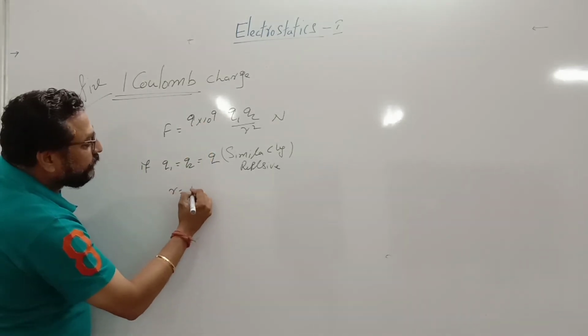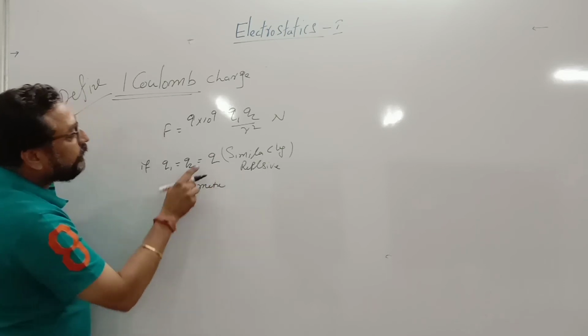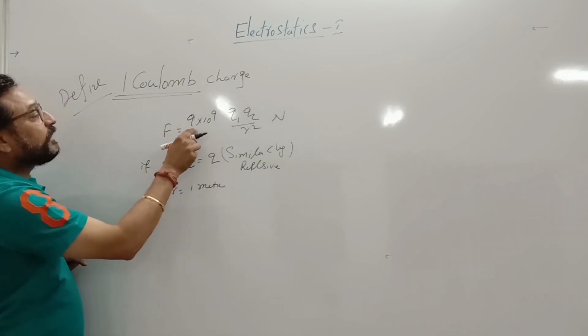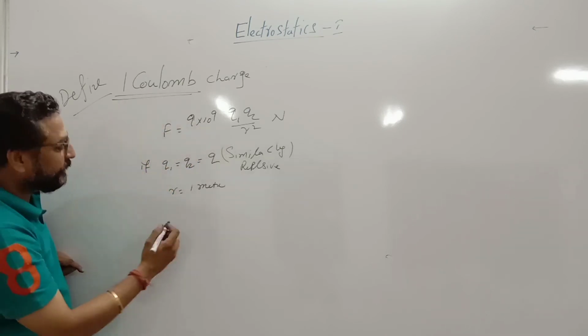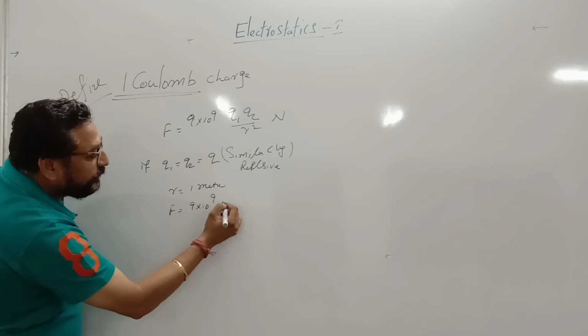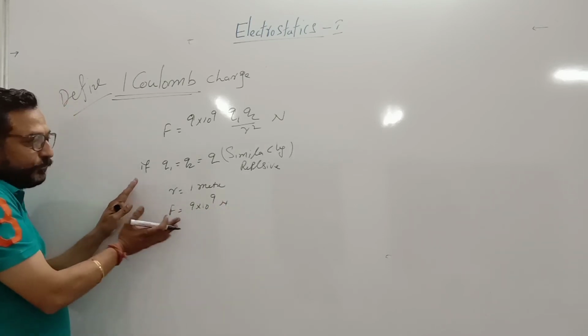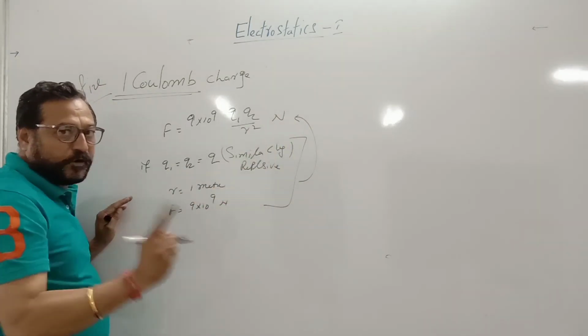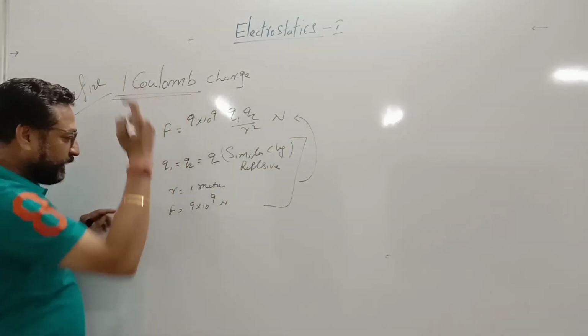And R is equal to 1 meter. And this is Q and this is 1 meter. F is 9 into 10 to the power 9 Newton. All these values put in this formula, then you define what is 1 Coulomb.